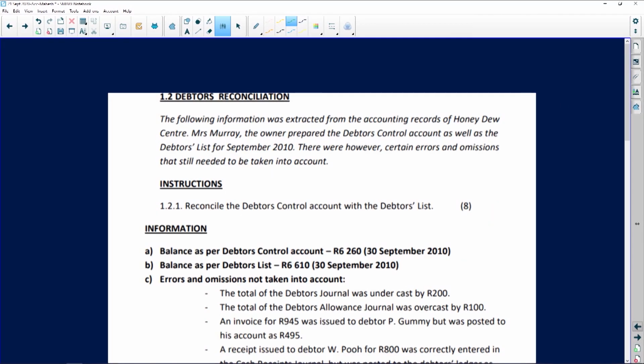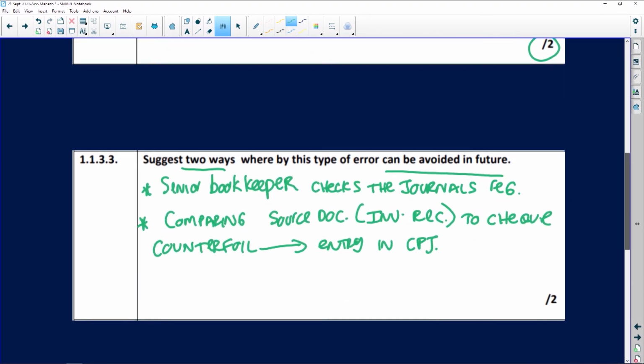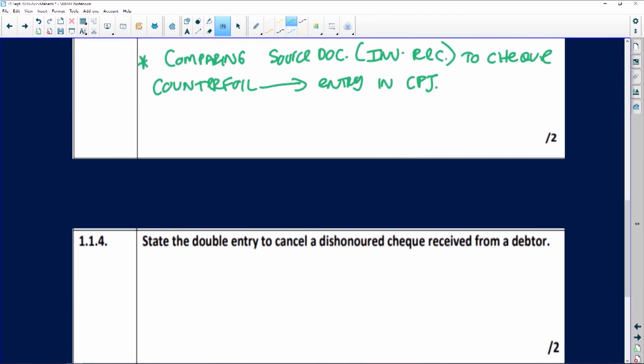Okay, right, I think it's a final question. Okay, let's just quickly look. The final question, and then we can move on to a debtor's recon. State the double entry to cancel a dishonored check received from a debtor. So remember, guys, when you receive a dishonored check, obviously the two accounts affected, debtor's control is one account, and the other account affected has to be your bank account.